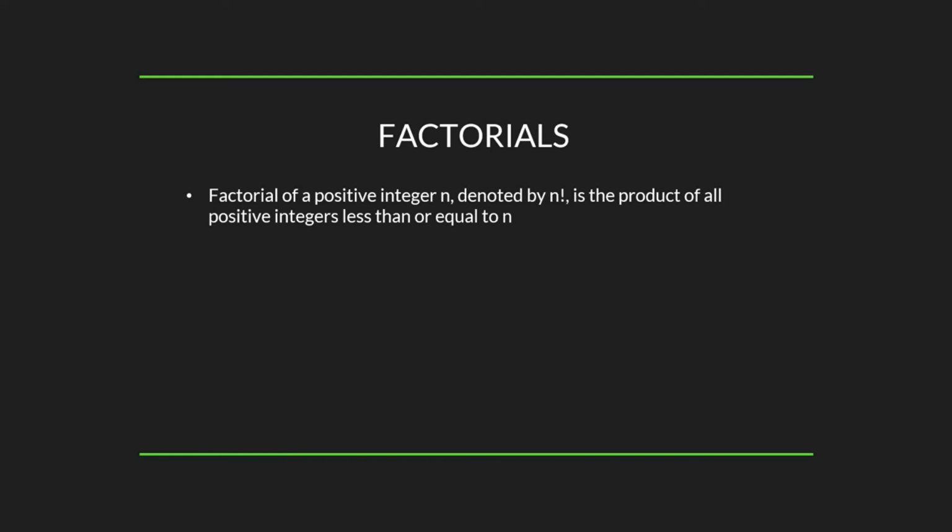Moving on to factorials. Factorial of a positive integer n is the product of all positive integers less than or equal to n. Let's say that you need to find factorial of 5. So it will be 5 into 4 into 3 into 2 into 1.